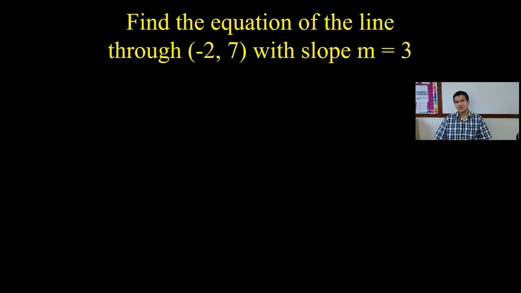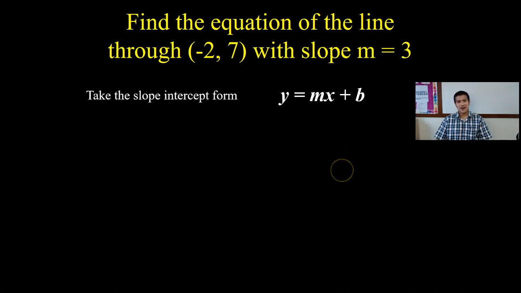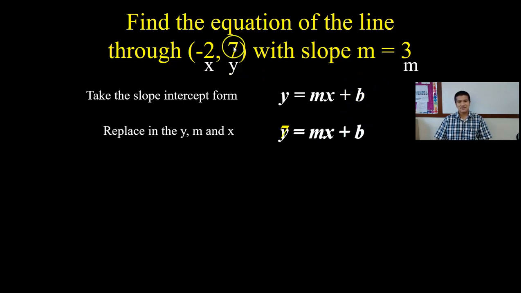Okay, find the equation of the line through -2 and 7 with a slope of 3. So you have to write that as y equals mx plus b. We are going to find the equation, right? So we will try to find first what is b. We have y and x given here.